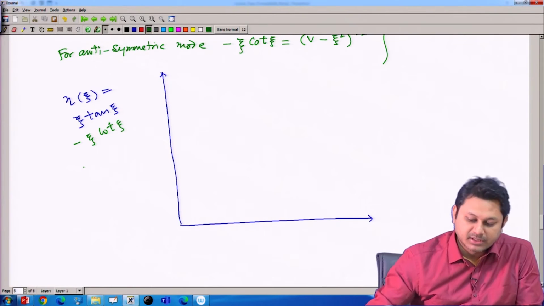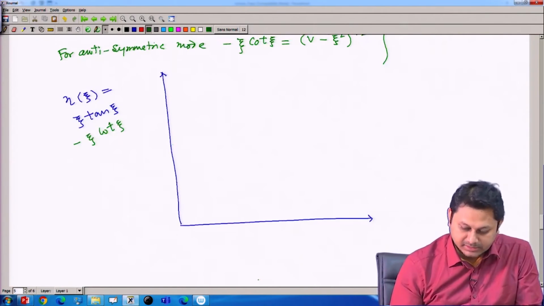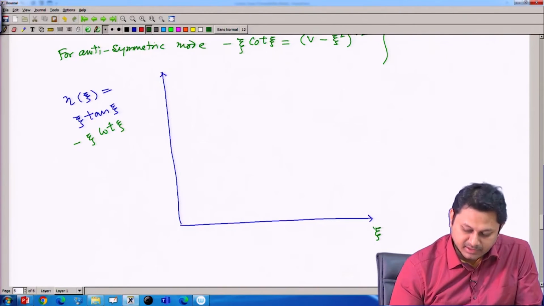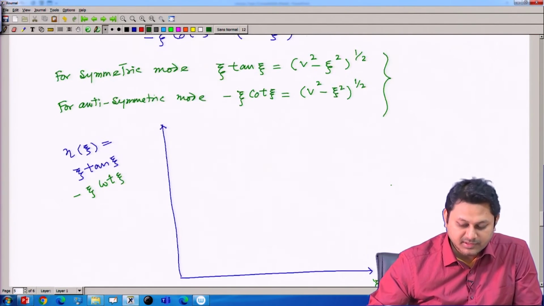So, I am also plotting the v square minus of this circle. So, everything I am plotting here, and this side is the variable, and only one variable is in our hand, and that is xi. Increasing xi means I am increasing the value of beta, because this is xi.